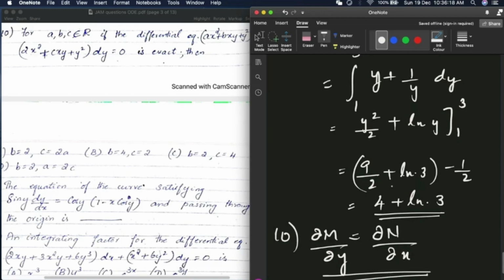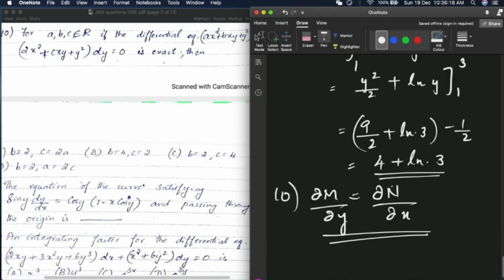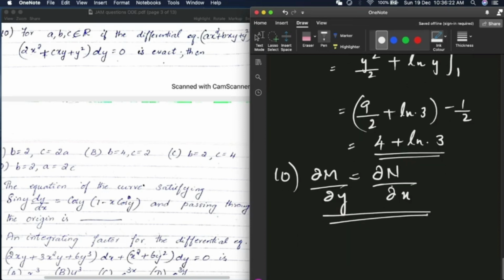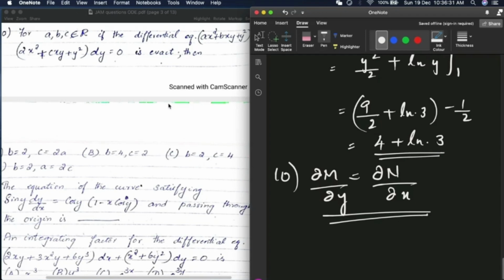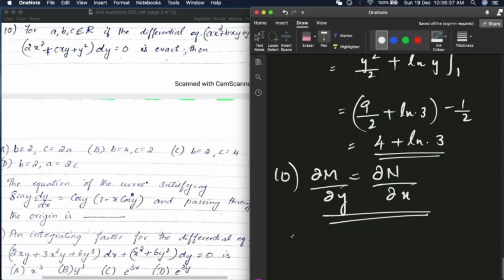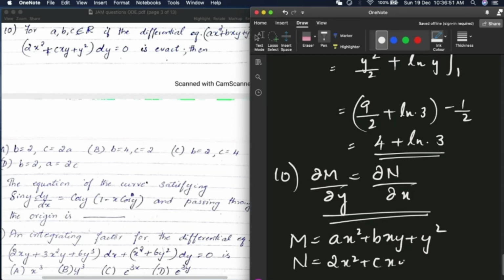Always write it in the standard form. Don't miss out the negative number. This is where normally mistakes come. M is ax square plus bxy plus y square and N is equal to 2x square plus cxy plus y square.